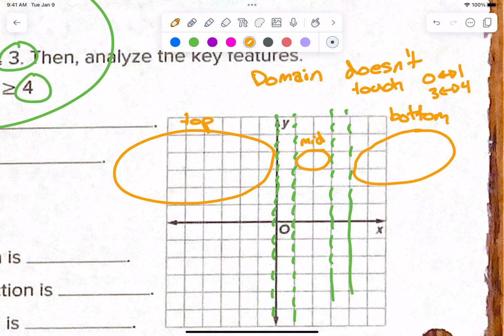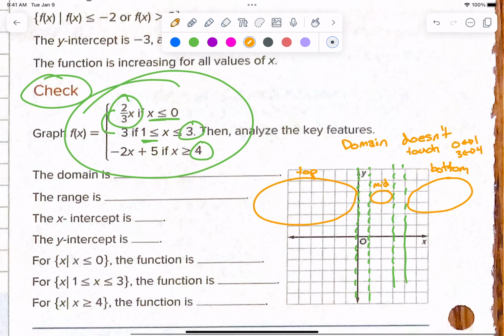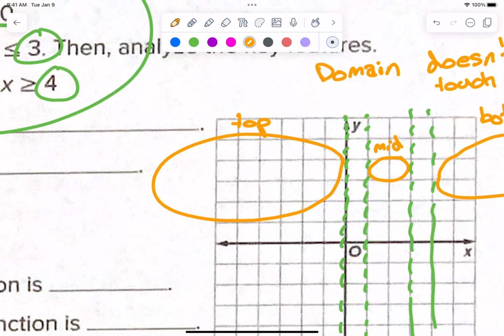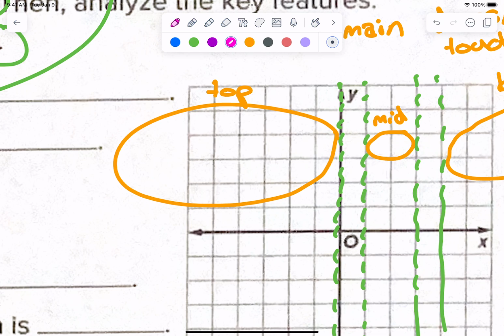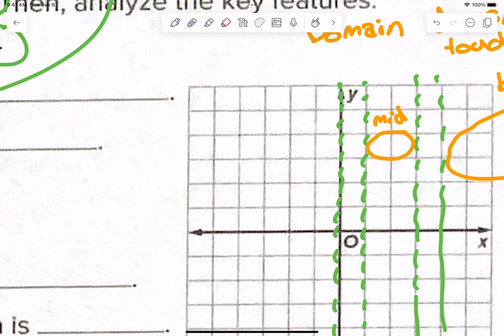Got it? Okay, let's see what we've got going on here for a function. So I want 2/3 x, all right? So I'm just going to go off of here and I'm going to graph 2/3 x, and then we're going to fix him. So y equals 2/3 x. What's the b? 0, so plus 0.